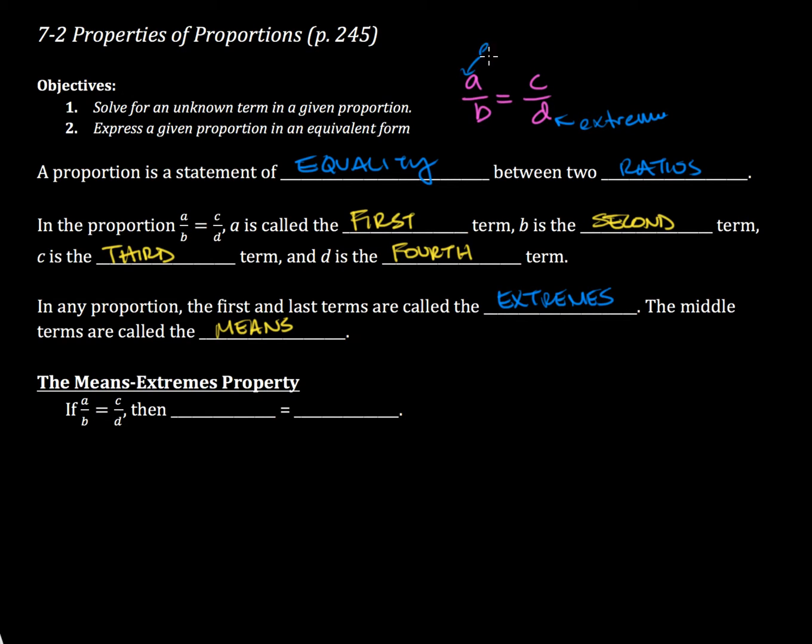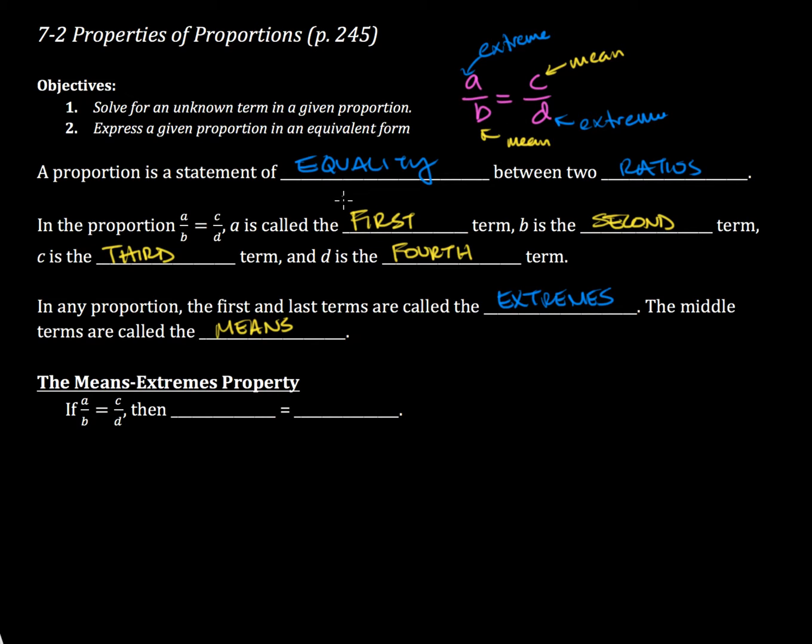That's an extreme, and this one right here is an extreme. The middle two terms, the second term and the third term, are each called a mean of my proportion. So B is a mean and C is a mean.